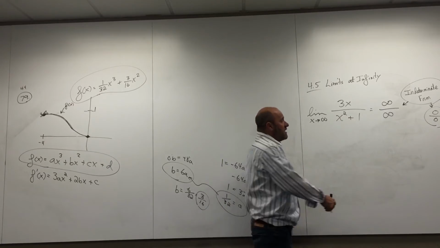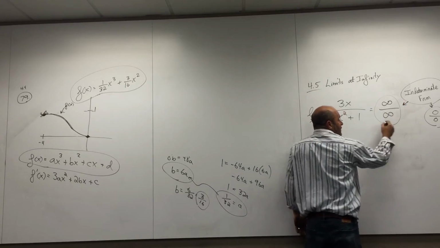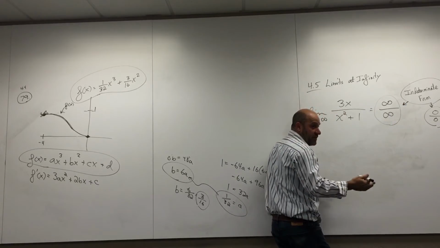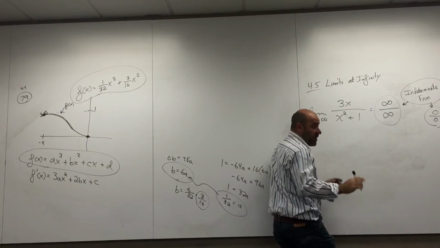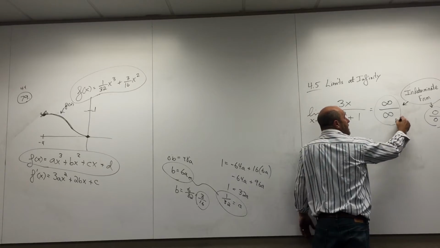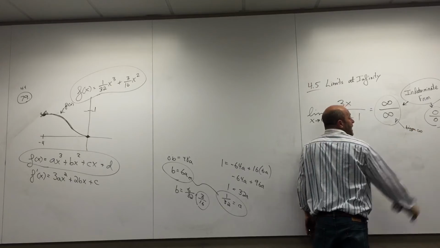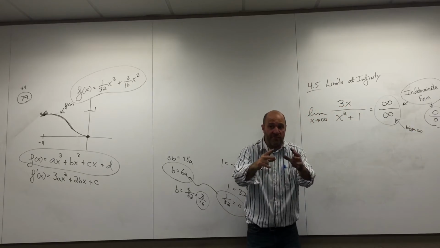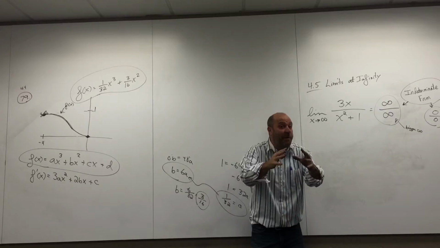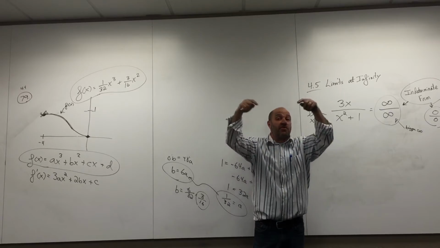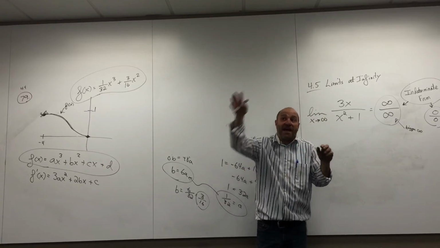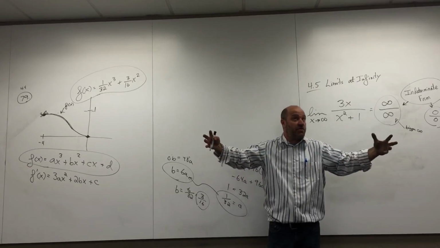And therefore, the way I like to do this, I'm trying to do this as a more logical algebraic approach. I want to just say that the denominator is a bigger infinity. And when you have a denominator that's blowing up faster than your numerator, what does the fraction do when the denominator is huge?